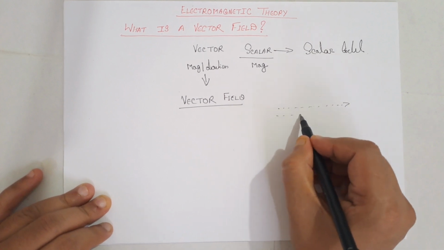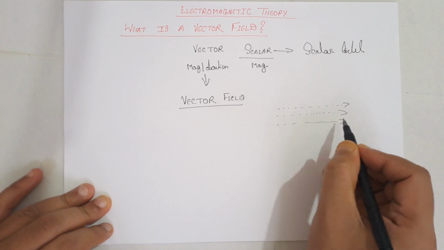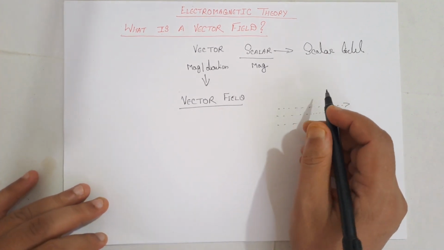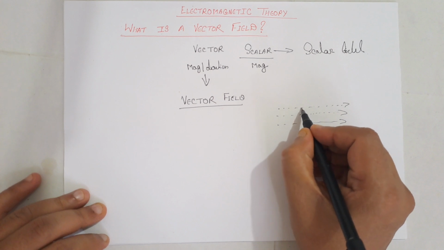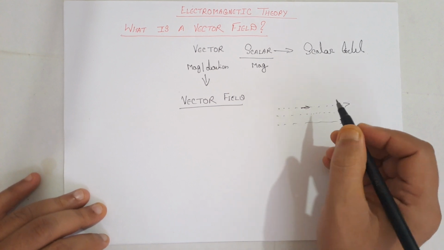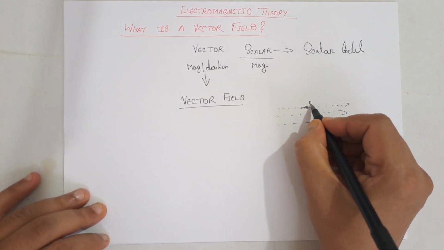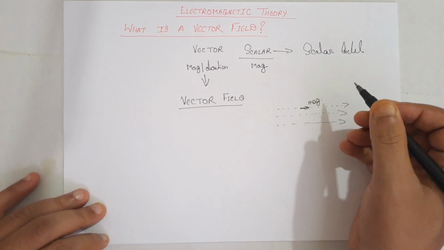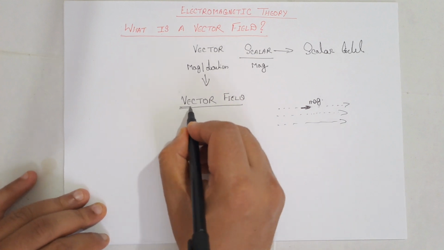Take an example of water flow. Each particle in the water flow has a certain direction of movement and a magnitude of speed. So the water flow can be taken as a vector field.